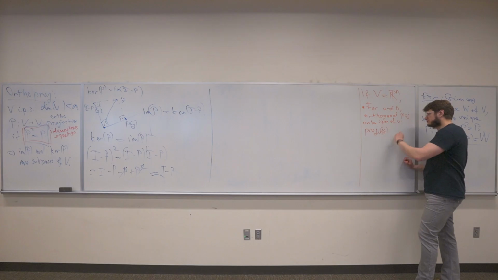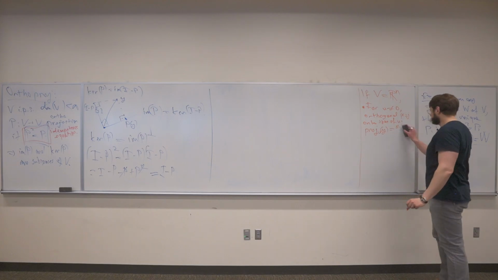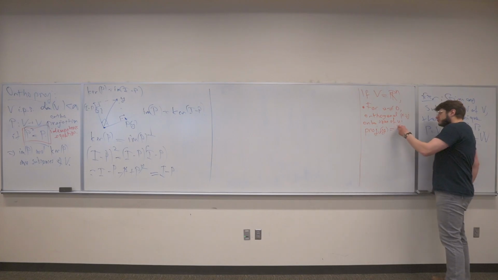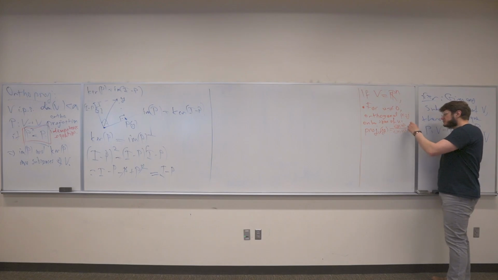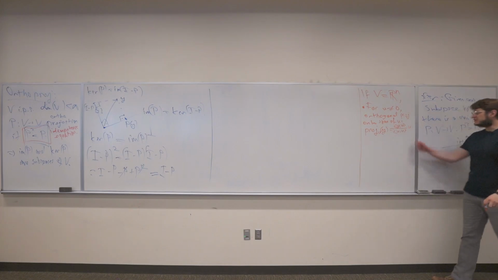So you feed to it a vector, and you look at this: y against U, that's a number, divided by U against U, that's another number. Use this number to scale the vector you're projecting onto, which is U.